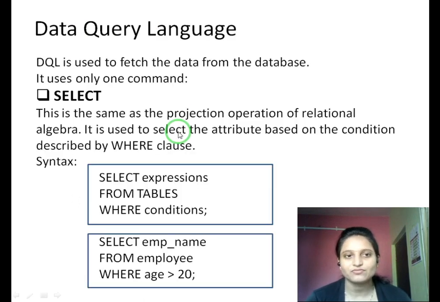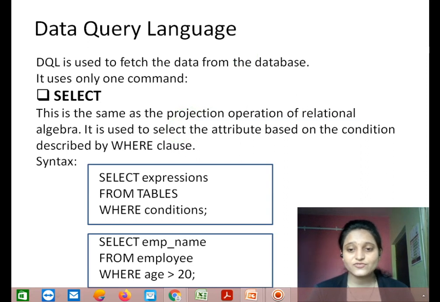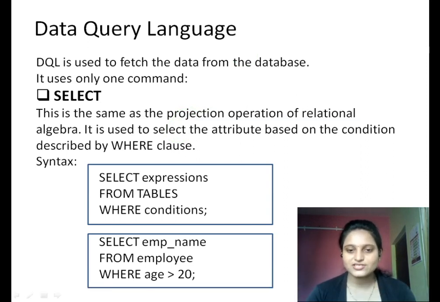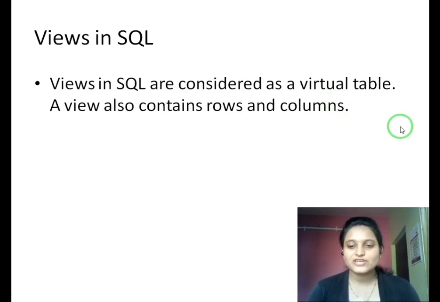Dear student, in this way the different SQL commands are used in the SQL language. Now we are moving toward the next concept, that is views in SQL. Similar to a table, there exist views. You can create a view in SQL. So what is a view? Views in SQL are considered a virtual table.